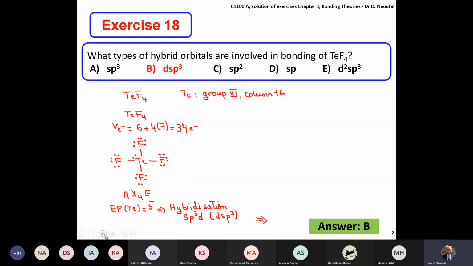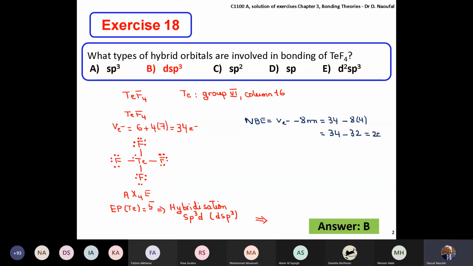We use the other method. We apply the relation: non-bonding electrons equal valence electrons minus 8m. So it's equal to 34 minus 8 times 4, so it's equal to 34 minus 32.